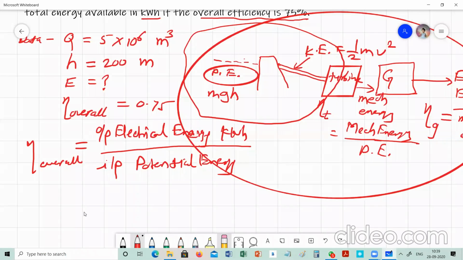So we can use this formula of overall efficiency to calculate the output electrical energy generated in kWh. They have asked for kWh.